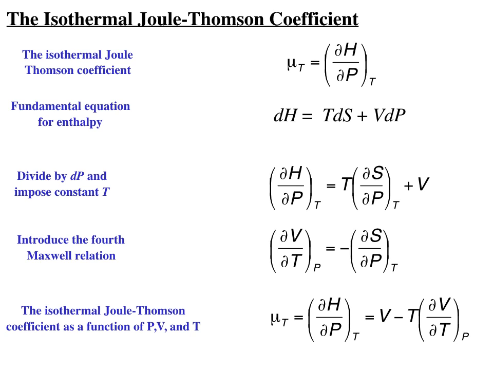That says that dS/dP at fixed T is equal to minus dV/dT at fixed P. So I substitute the fourth of my Maxwell relations into the third expression, and I find that the isothermal Joule-Thomson coefficient is V minus T dV/dT at fixed P. Again, this is very similar to the internal pressure in its appearance. You can compare the two expressions on this slide to the one on the previous slide to note its similarities.